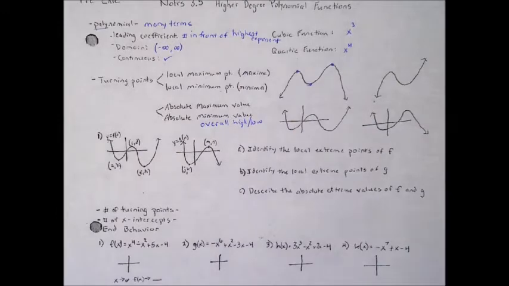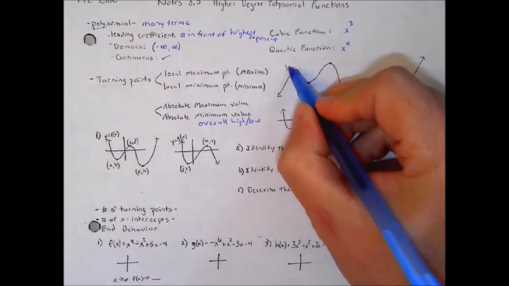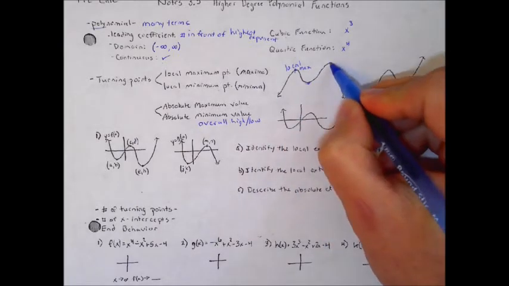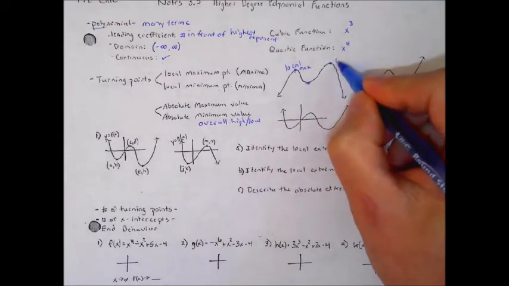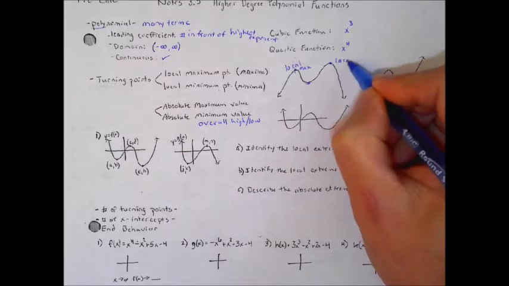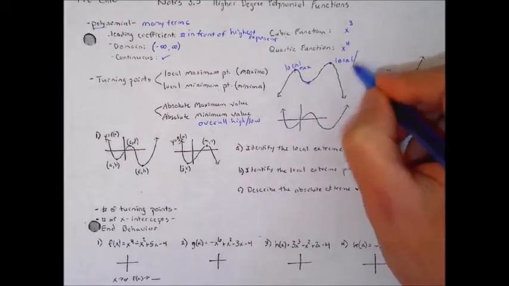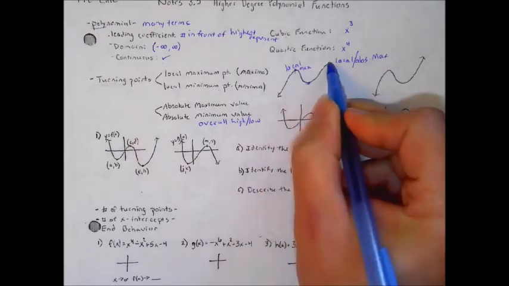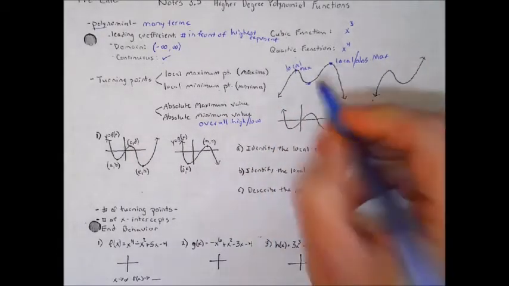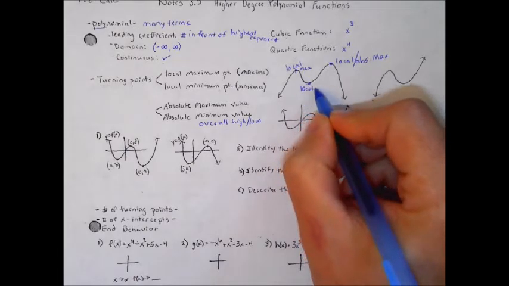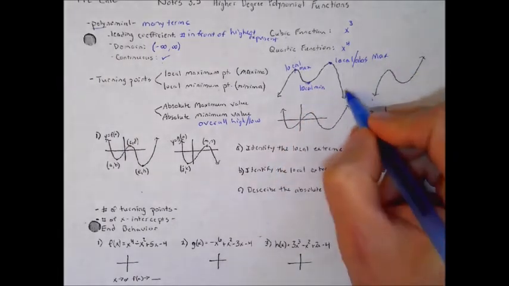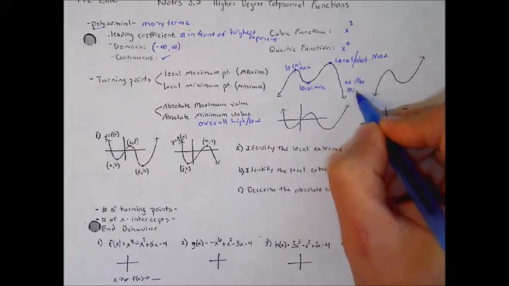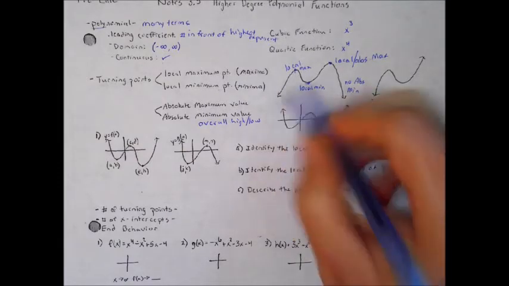Okay, so this point right here would be a local max. This point here would be a local, and so local is a kind of overall term, and an absolute max, okay, because it's the absolute max that it goes to, right? Okay, that's the highest point. This is a local min, and there is no absolute minimum because it keeps going down through infinity, so it's going to keep going down, down, down.